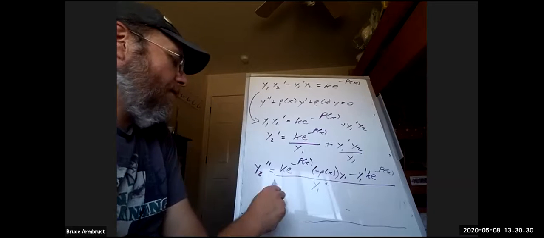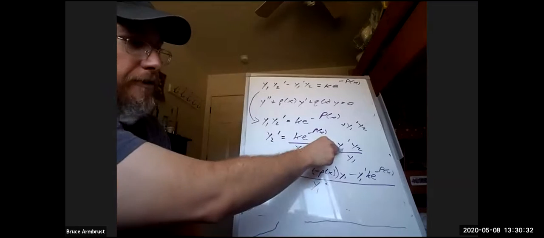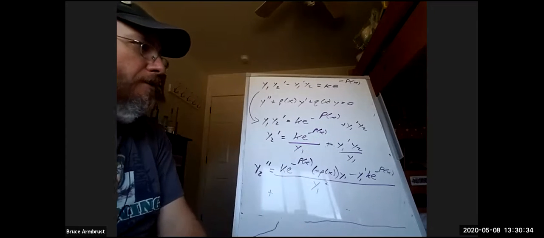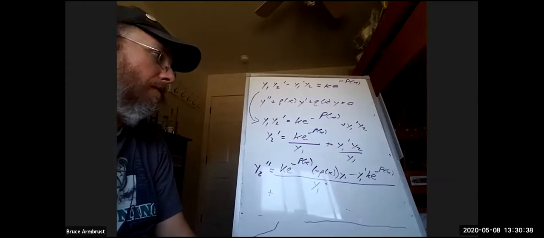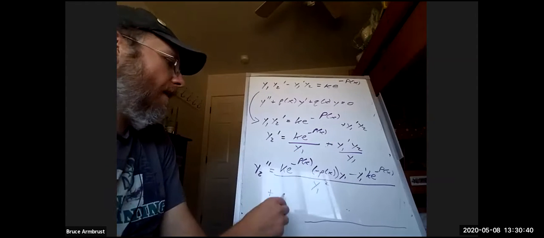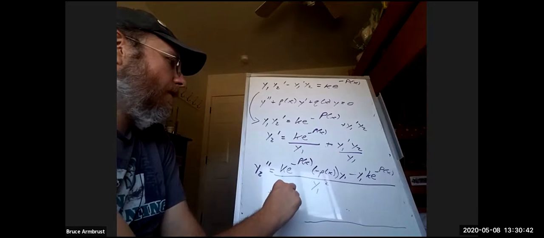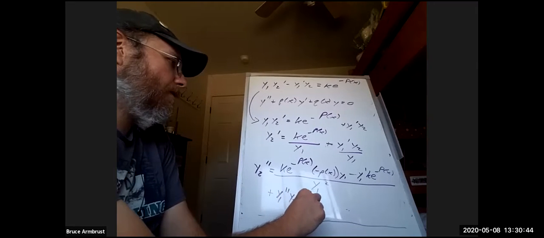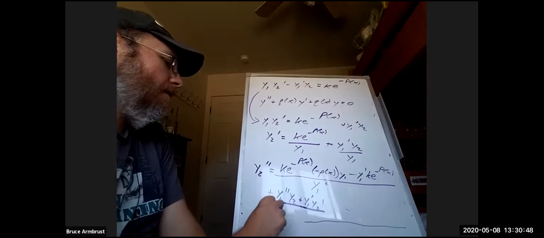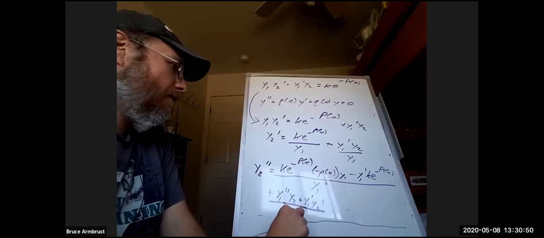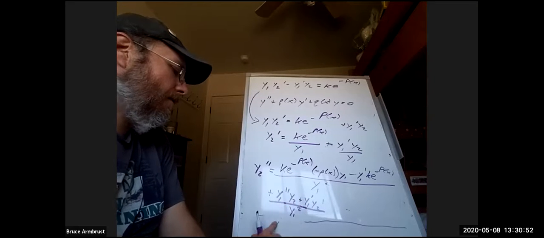All right, so then we need to add to that the derivative of this piece. This has product rule and quotient rule. So the derivative of the top is going to be y1 double prime y2 plus y1 prime y2 prime, divided by the bottom squared, so y1 squared.